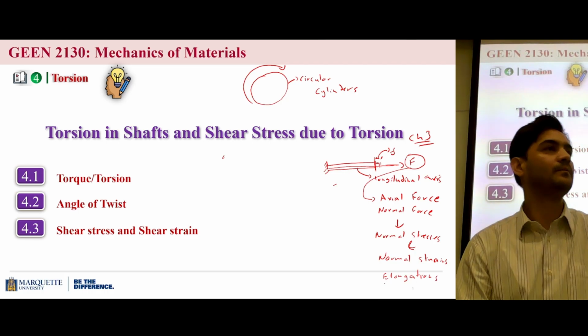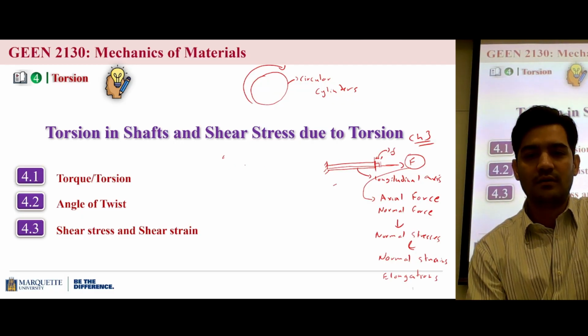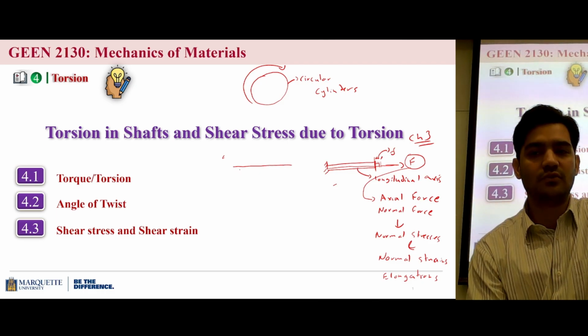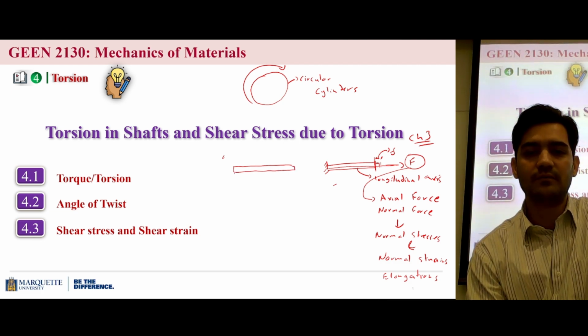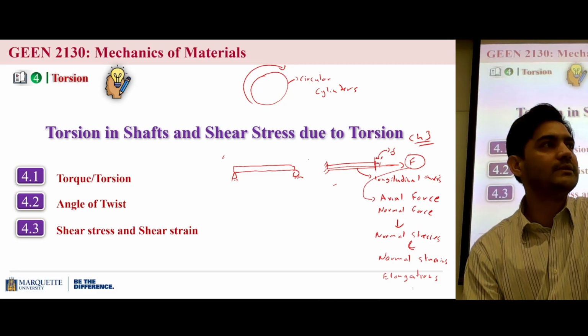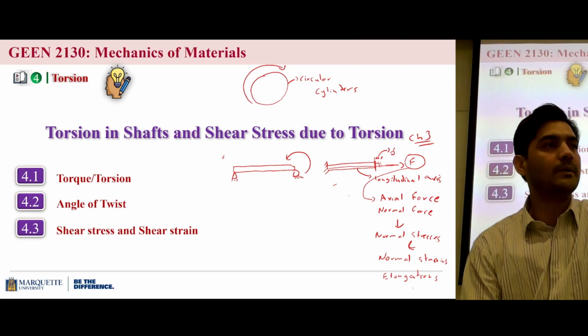That was chapter 3. Now let's see what happens when I change the force. So instead of force, I will apply, let's just say, a bending moment this time. So this is a simply supported beam. If you apply a bending moment, you can imagine how this member will change shape.